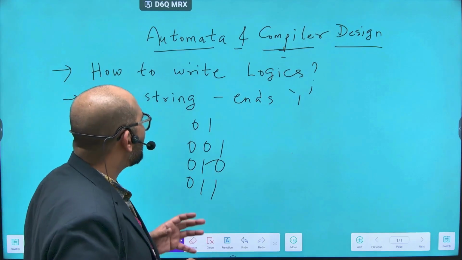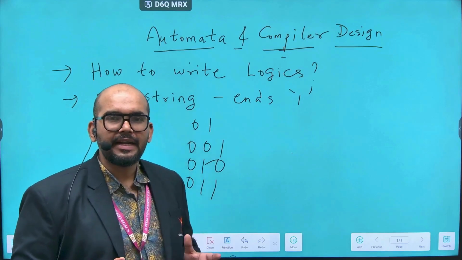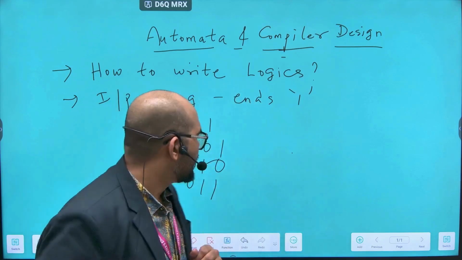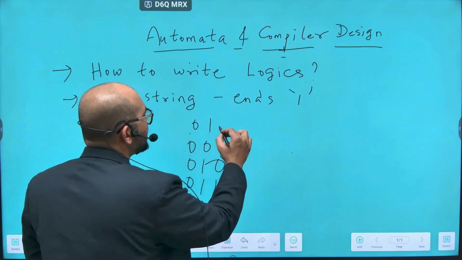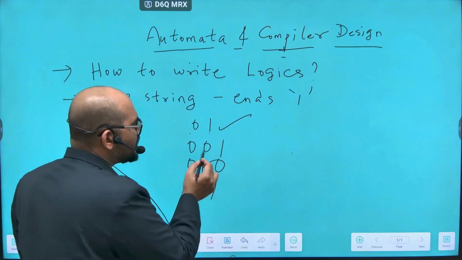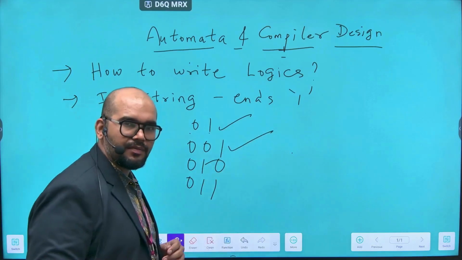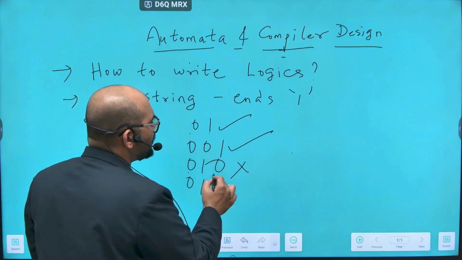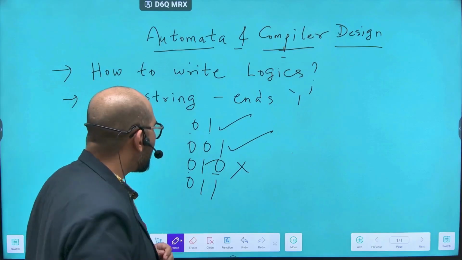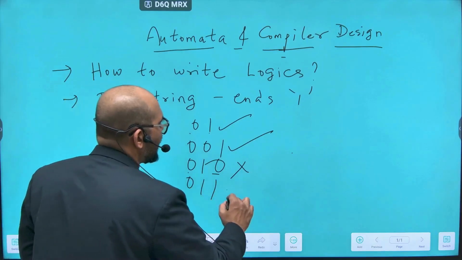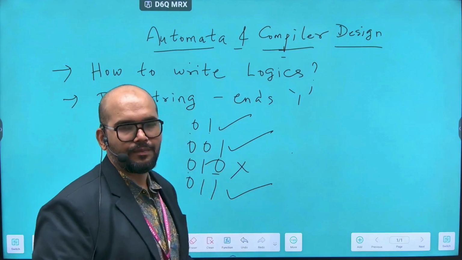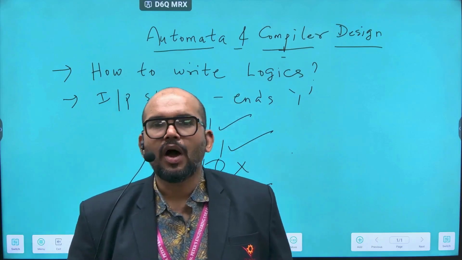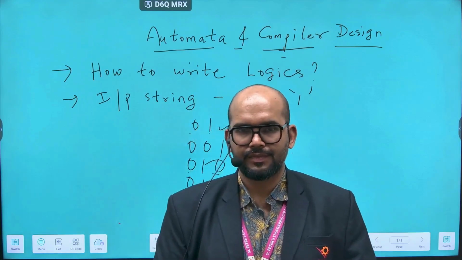Our logic is to identify the strings that end with 1. 0 1 ends with 1. 0 0 1 ends with 1. 0 1 0 does not end with 1. Another one is 0 1 1, which also ends with 1. Here we deal with how to write logics.